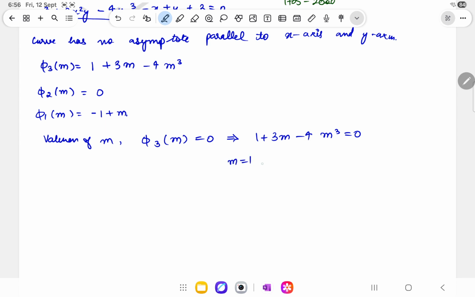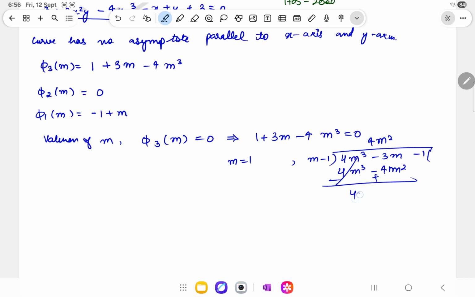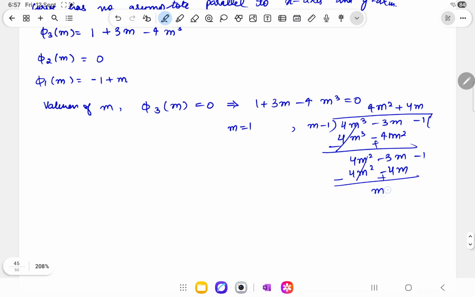So m equals to 1, and if I divide by m minus 1, I'll be getting 4m square plus 4m plus 1 into m minus 1 equals to 0.